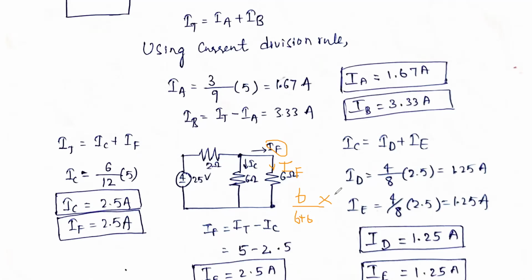Total current is nothing but 5. So 6 divided by 6 plus 6 into 5, if you solve this with a scientific calculator, it will give you 2.5 amperes. So we verify, IF is 2.5 amperes, so that only we got here. Or otherwise, simply by this equation also you can find. Just to verify the answer, you can do like this also.